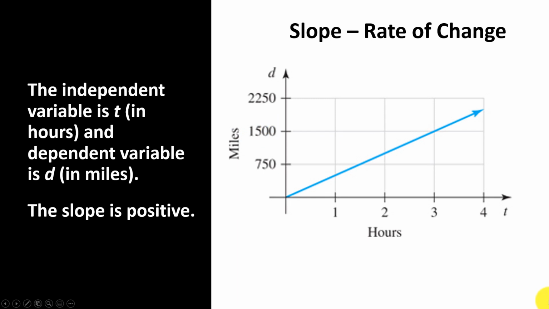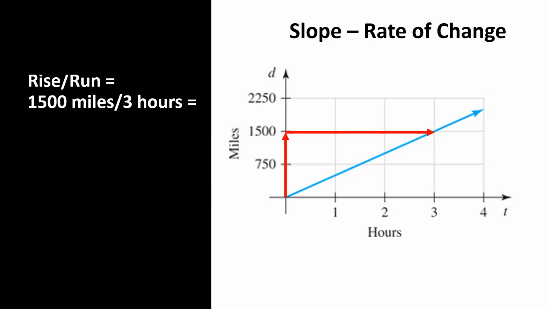So if we compute the slope using those 2 points, we are increasing 1500 miles, and then our run would be a positive 3 hours. So our slope is 1500 miles divided by 3 hours. And if we take 1500 and divide it by 3, we get 500 miles per hour.